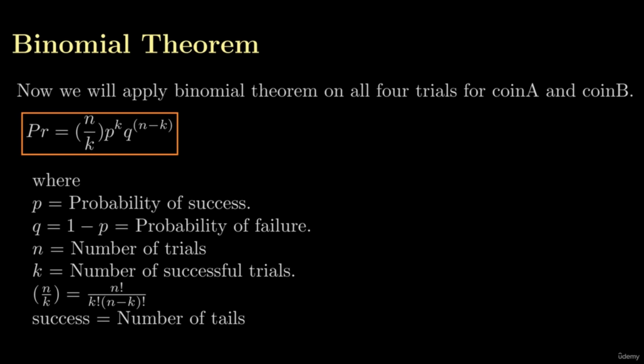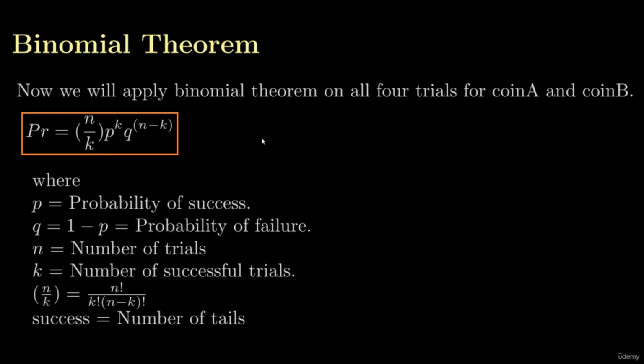In our experiment, getting tail is a success and getting head is a failure. Here n is the total number of trials, k is the total number of successes, p is the probability of success, and q is the probability of failure. We have already studied the binomial theorem in this section.